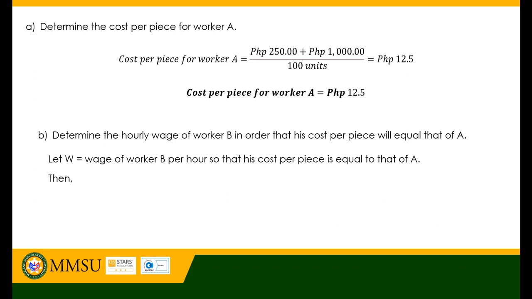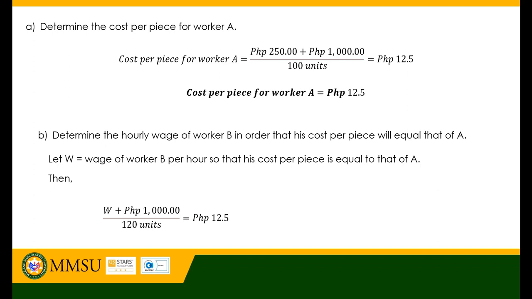So, let W, wage of worker, equal to wage of worker B per hour, so that his cost per piece is equal to that of A. Okay, so then, equation natin, yung wage ng worker B plus yung 1,000 divided by 120 units ang napoproduce niya in 1 hour, di ba? So, equal yan dapat sa 12.5 pesos.